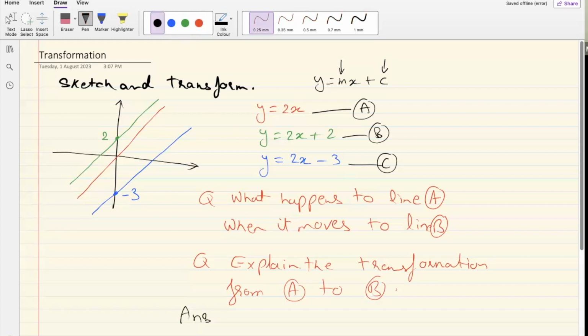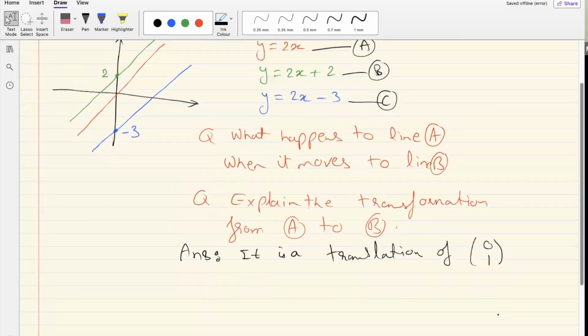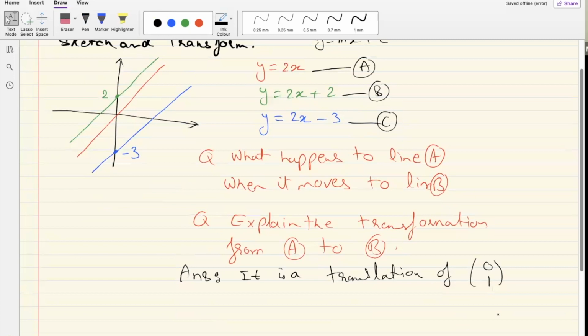So may I give this answer? From A to B, I can say it is a translation of x0, y1. Do you know what translation is?